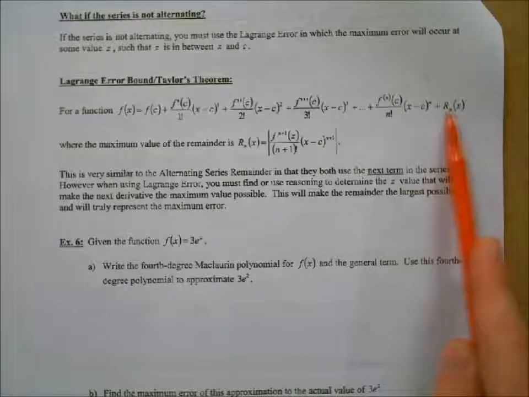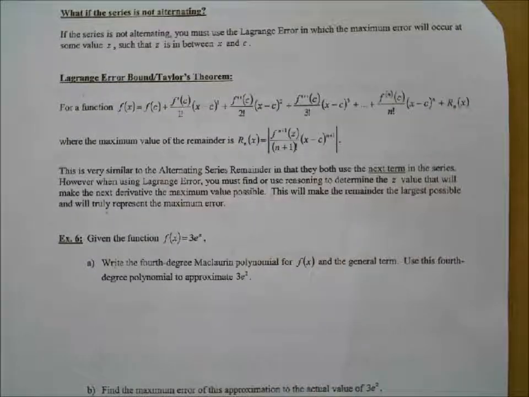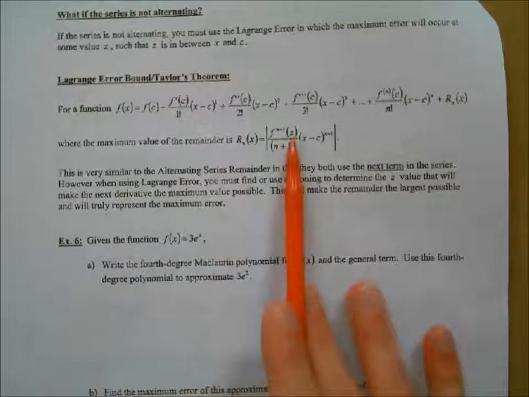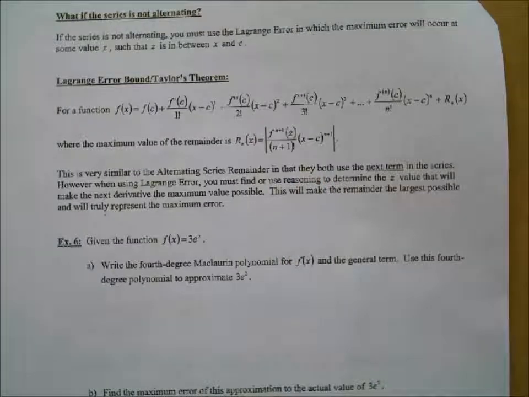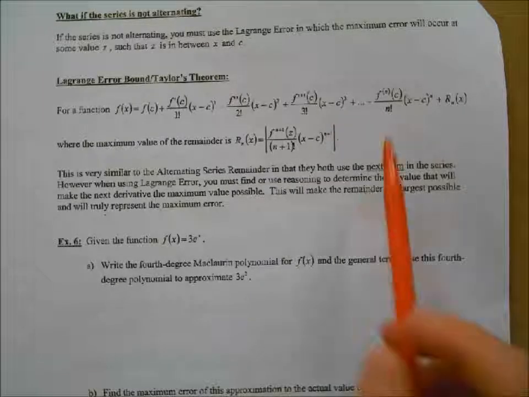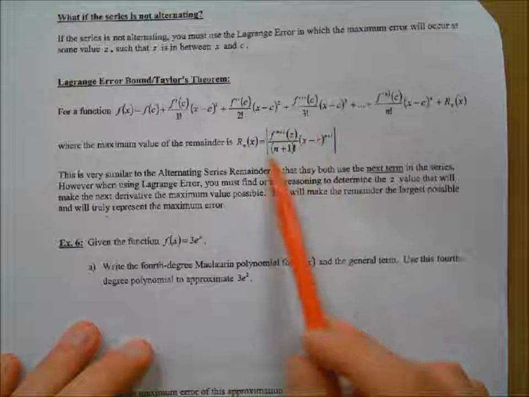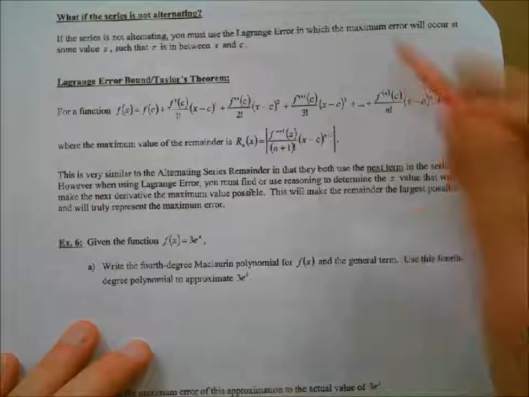That's the actual error. But here is how we're going to find the error for a non-alternating series. You'll see that what we're doing here is very similar to what we did before. We're still using the next term here.